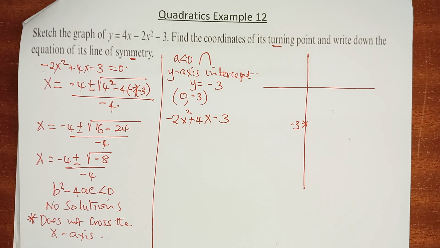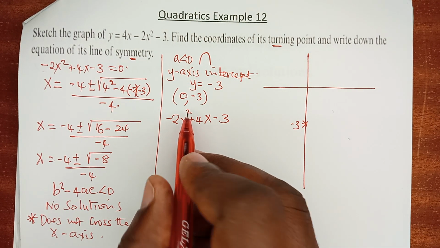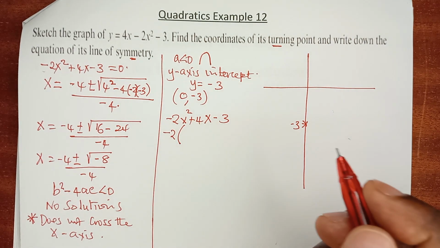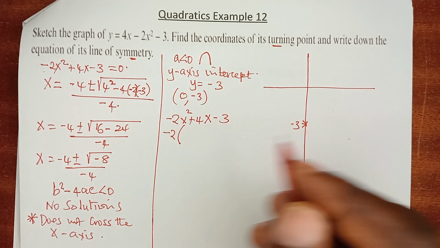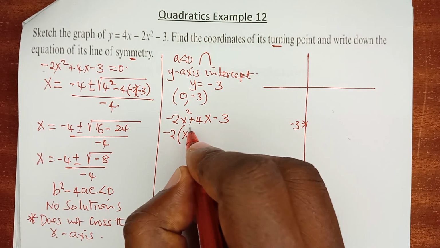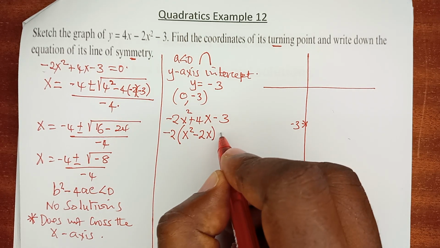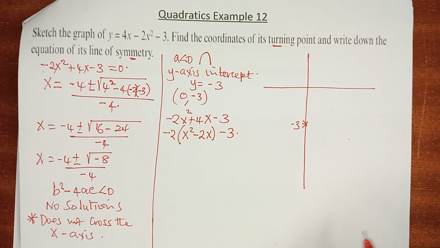To complete the square, we have to ensure that the coefficient of x squared is 1. So we take negative 2 outside, and we have x squared minus 2x, close the bracket. Negative 3 is not affected by negative 2.